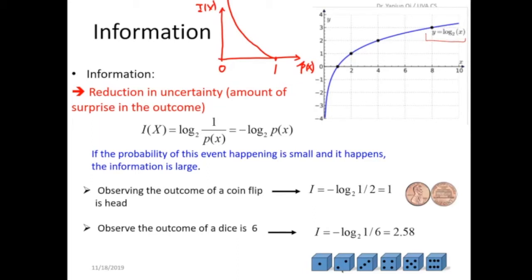For another event, rolling a die, which is also uniformly distributed, the amount of information to observe one of the outcomes, maybe a 3, is I equals minus log 2 of 1/6, which is 2.58. That means the information you observe for this 3 is larger than the information you observe with a tail.